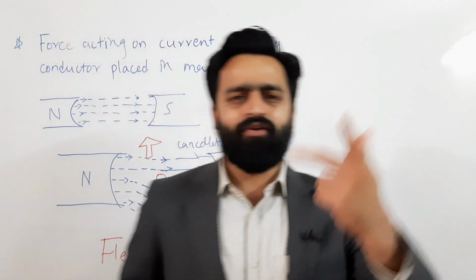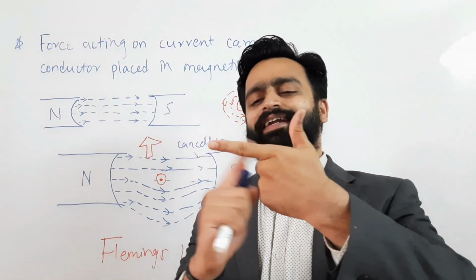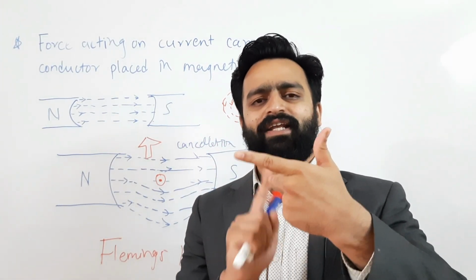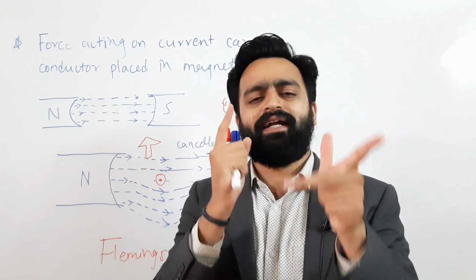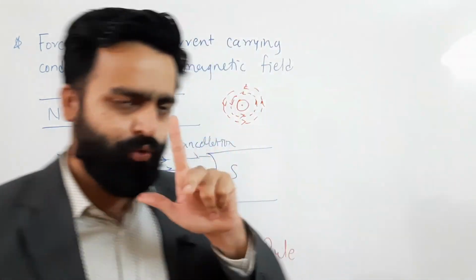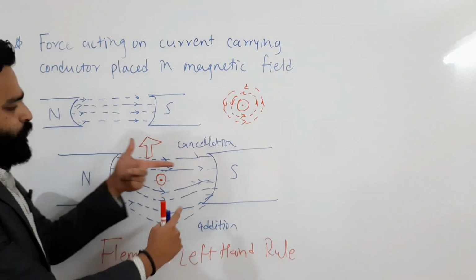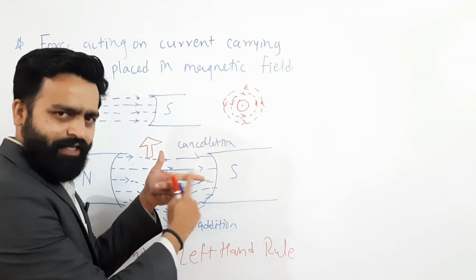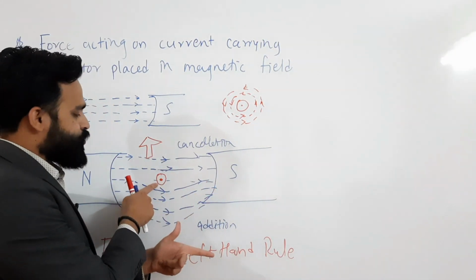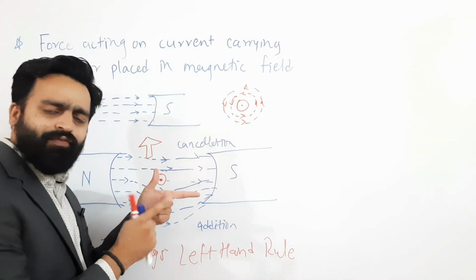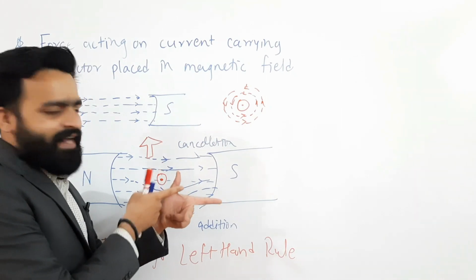You need to consider your left hand. If the first finger indicates the direction of the magnetic field and the middle finger indicates the direction of current, then the thumb indicates the direction of force. Now let me show you that. The first finger is the magnetic field, moving from north towards south. This is a dot. Dot means current is coming towards the observer, so the middle finger indicates the direction of current, and the thumb indicates the direction of force.